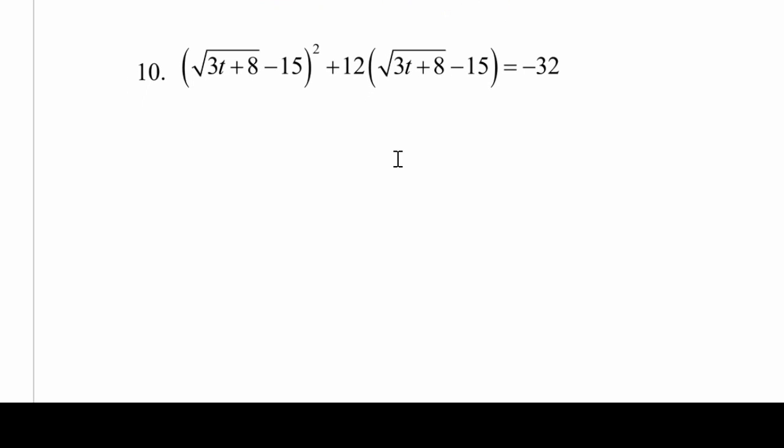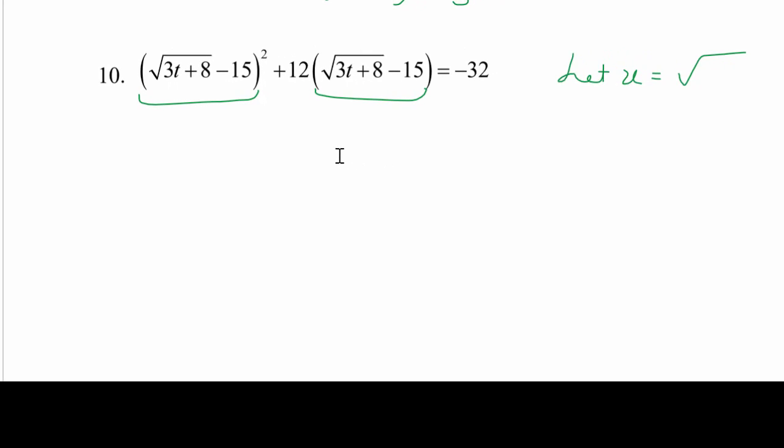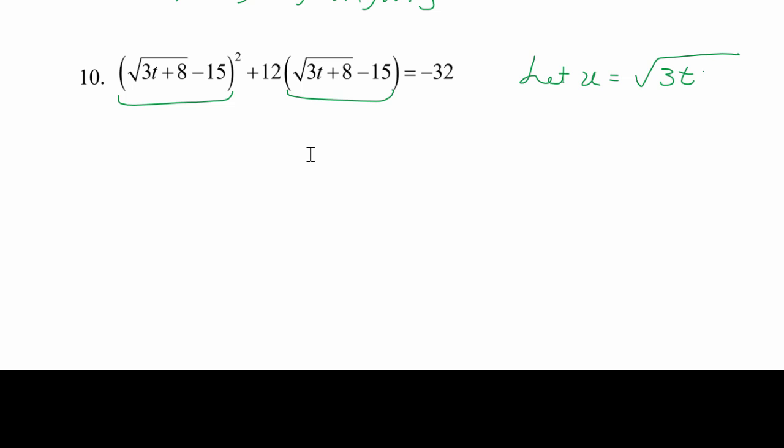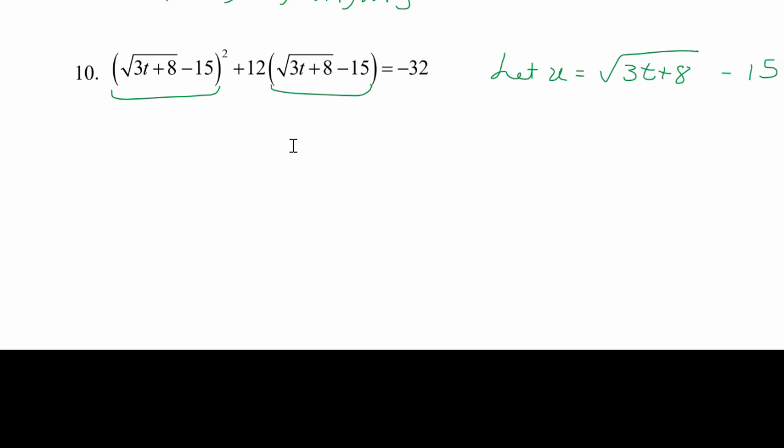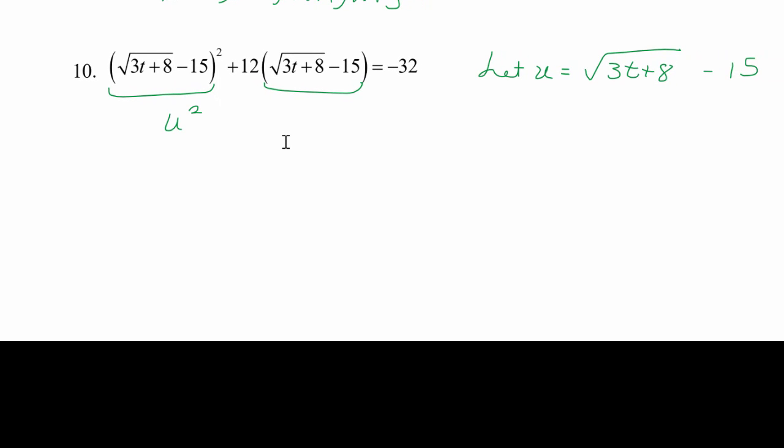So similarly over here, now we're getting something that looks really complicated, but we notice we've got this quantity here. We have it squared, and then we have a single. So we're going to let u be that whole big quantity, which is the square root of 3t plus 8 minus 15. So this is u squared plus 12u.